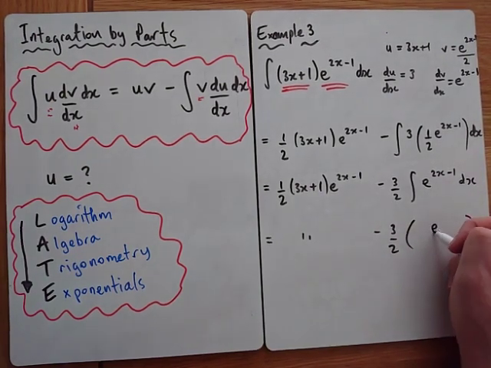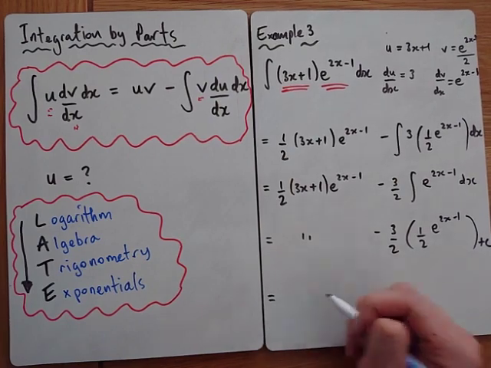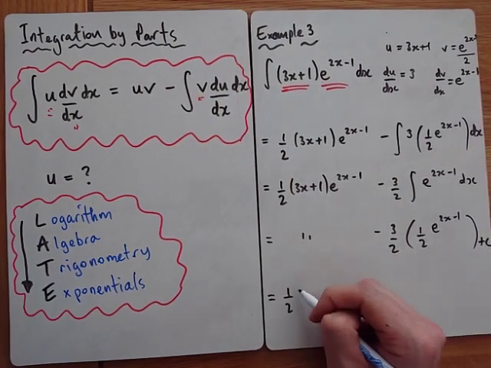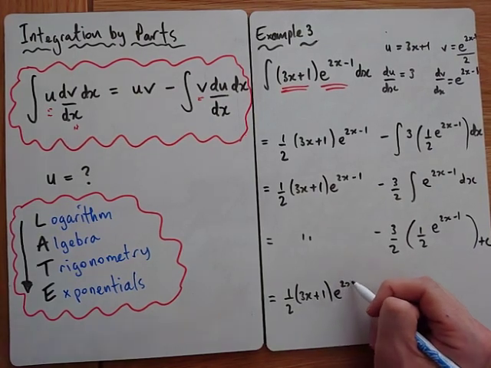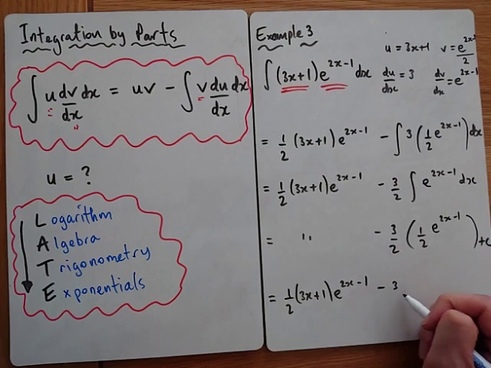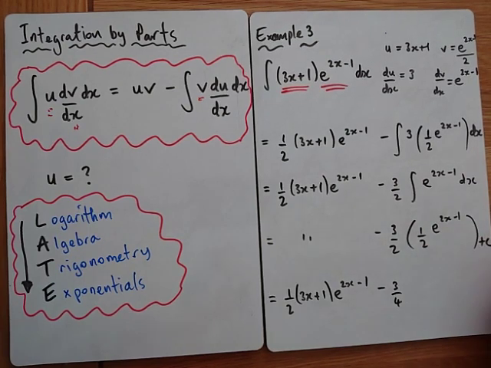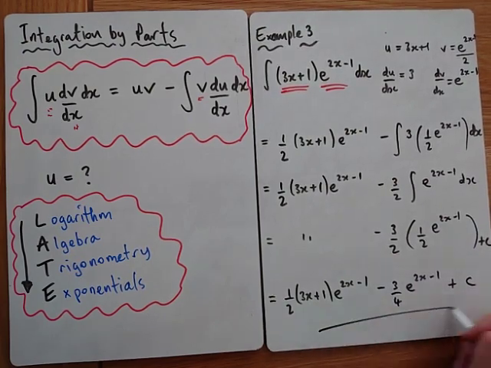Integrate the exponential, power stays the same. Divide by the coefficients. Remember plus c, tidy it up, so we have 1 half 3x plus 1 e to the 2x minus 1 minus 3 over 4, remember multiply the tops, multiply the bottoms, e to the 2x minus 1 plus c. Okay.